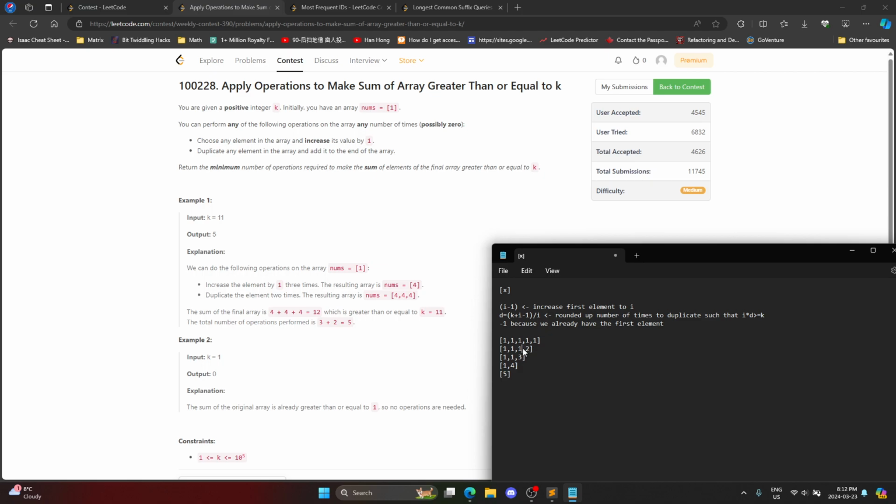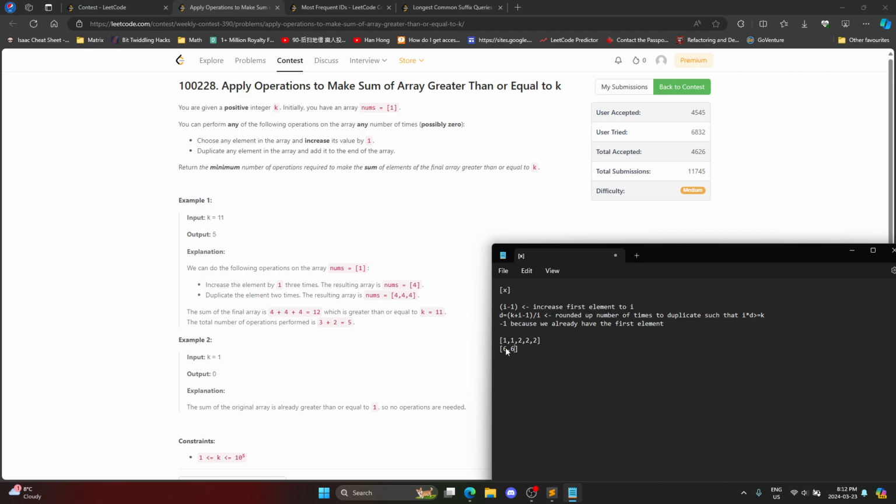Let's say you have a few more operations, and we compare this to 5, right? If I do this, that's another operation, and I duplicate it too. I always get a better outcome when I do this, and then I do this, right?